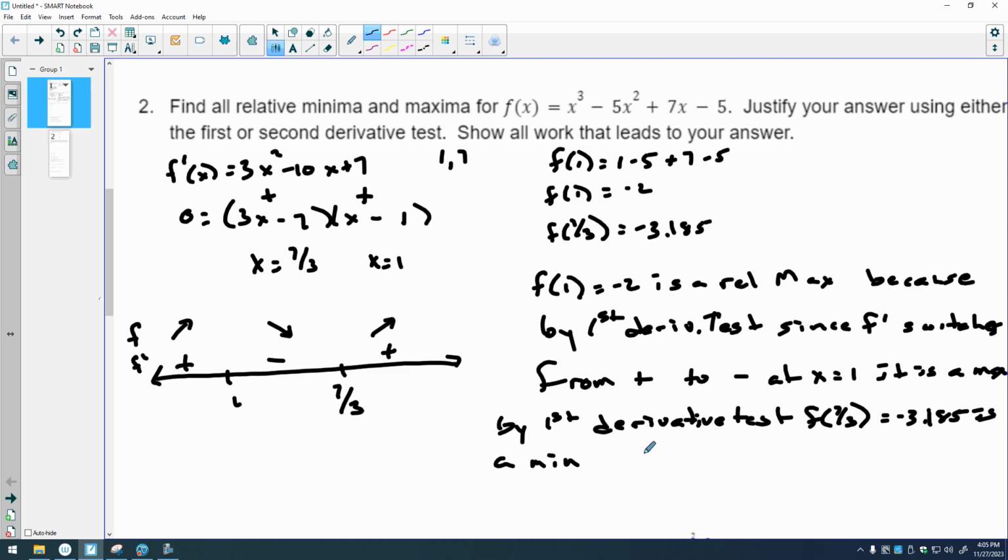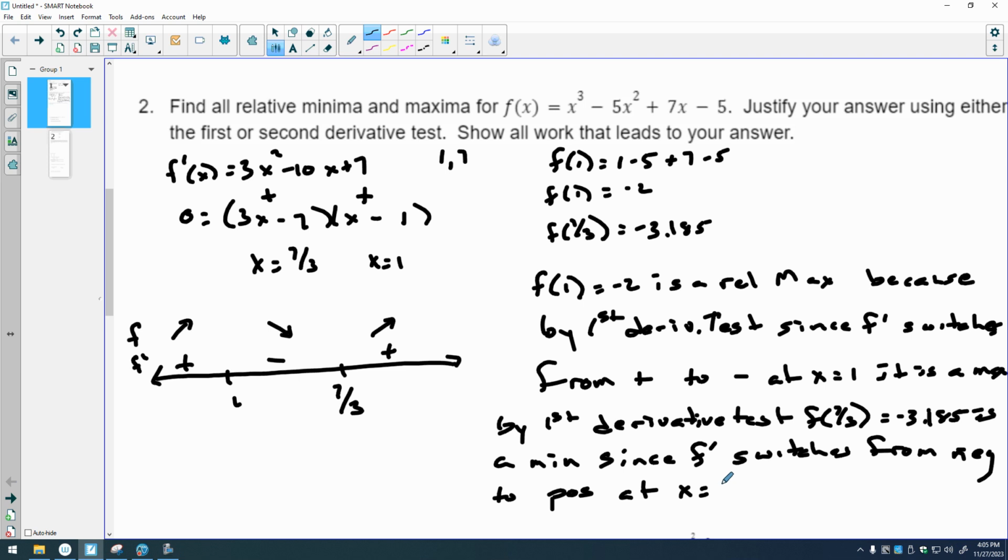I worded it a little differently: since f prime switches from negative to positive, we'll do it in words this time, negative to positive at x equals 7/3.